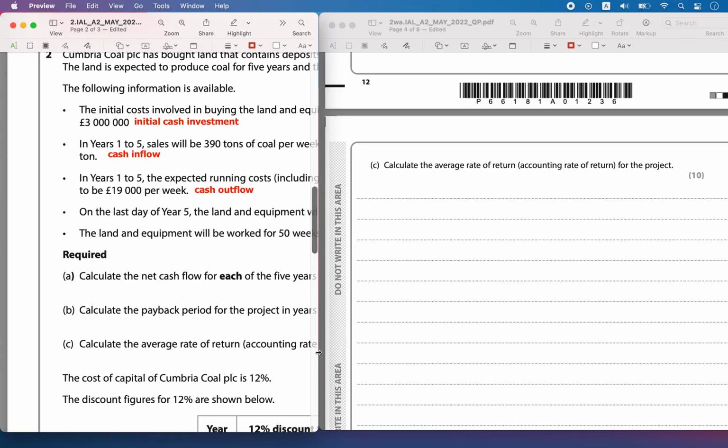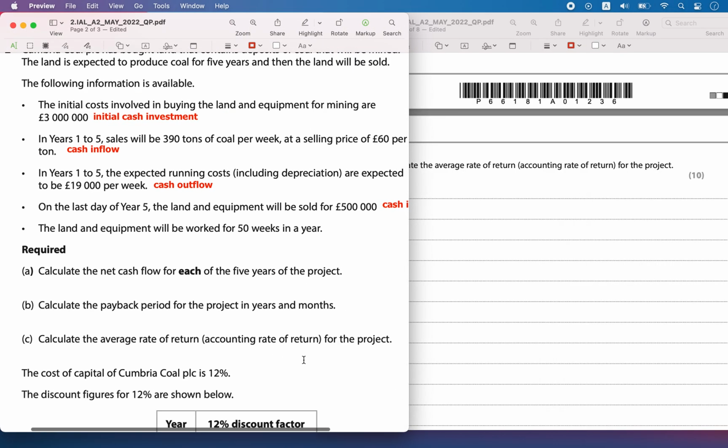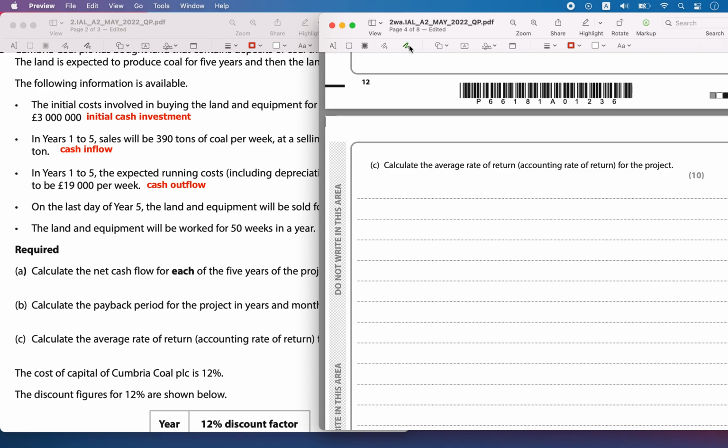Next, calculate part C: the average rate of return, the accounting rate of return, for the project.